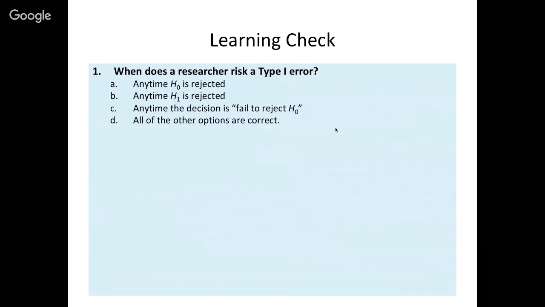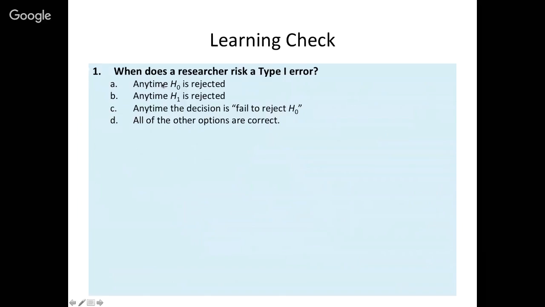False positive means we reject the null, but it's actually true. So anytime we reject the null, we risk a type 1 error.